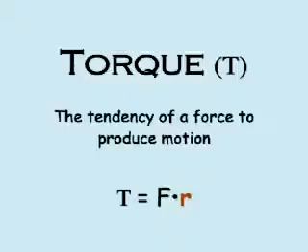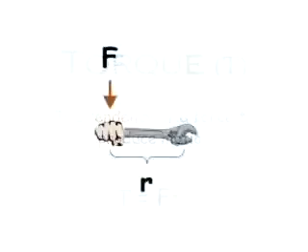As you can see from the equation, when all other variables are equal, a force that is applied farther away from the center of rotation will result in a greater torque. Realize also that if the force is applied at a right angle to the lever, or at 90 degrees, as opposed to some other angle, you will obtain a greater torque since there will be a greater downward force.